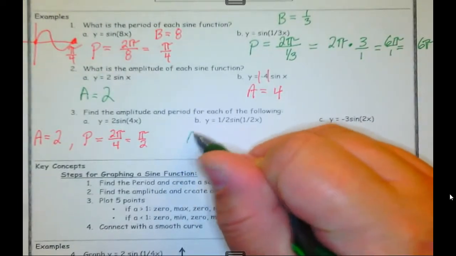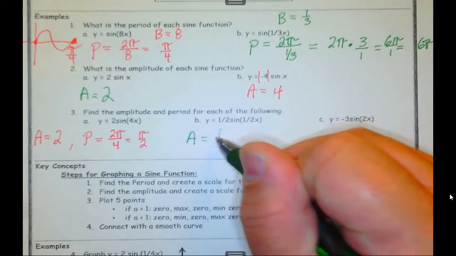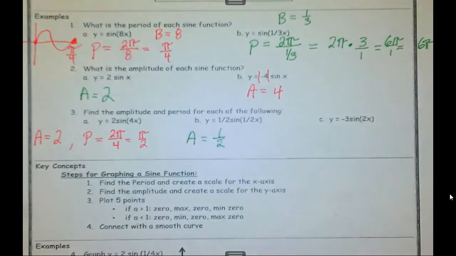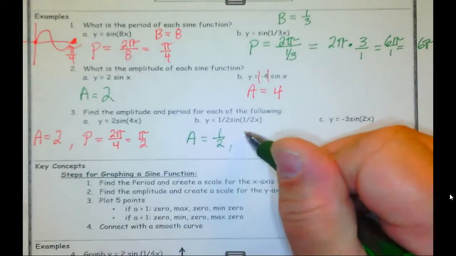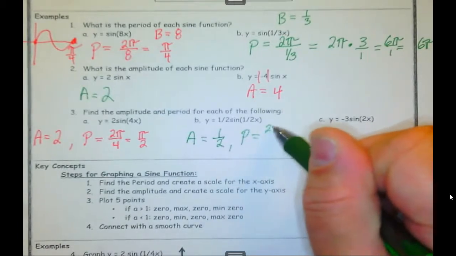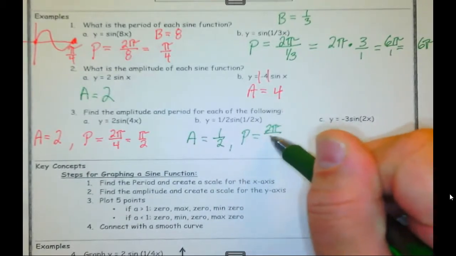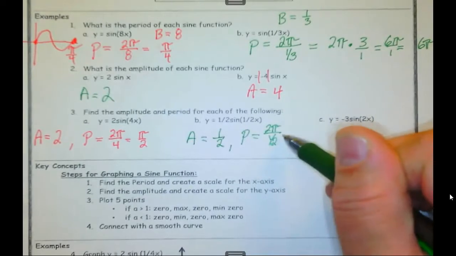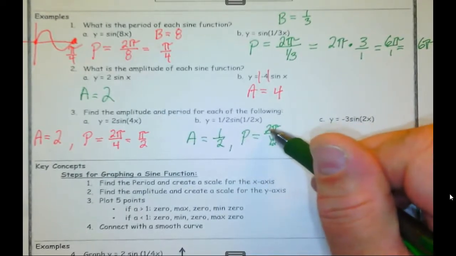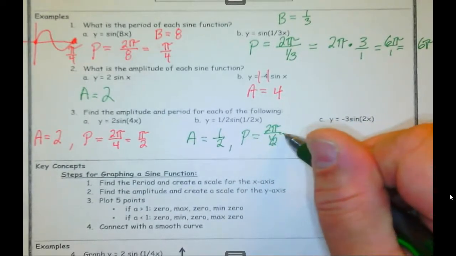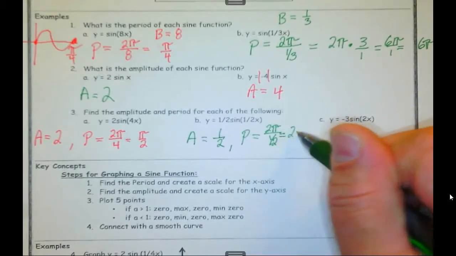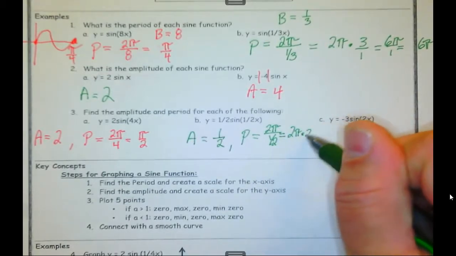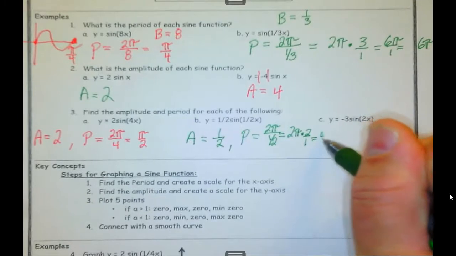What's my amplitude? 1/2. What's my period? 2 pi over b. What's my b? 1/2. I have a number divided by a fraction, so I have to flip it and multiply it. So I have 4 pi.